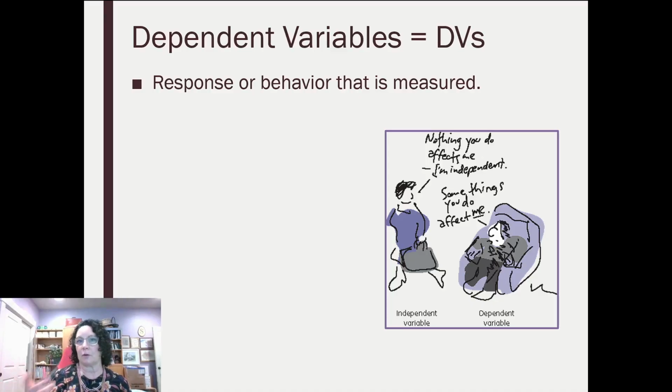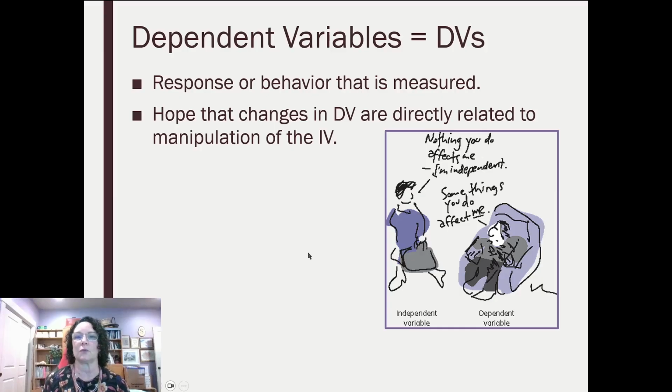But for the dependent variable, we're hoping in our design that the experimental condition will score differently from the control condition on that dependent variable. We're hoping that what the independent variable is will determine the dependent variable score. So that's what we're trying to do. We're testing the hypothesis that the independent variable is the reason for the dependent variable score.